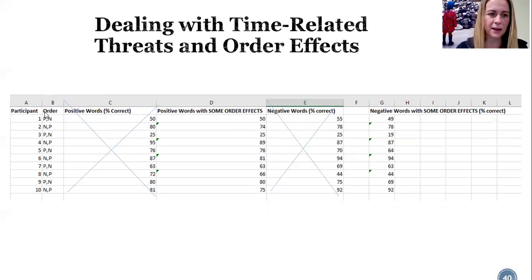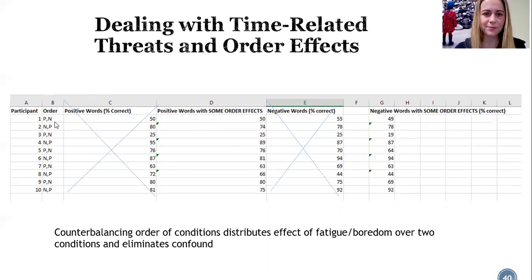So this person got positive words first, so that one's not affected by order effects, but they got the negative words second, so that condition's going to be affected. This person got negative words first, so their negative words are going to be relatively high, but their positive words they got second, and so that's going to go down. So you can see how across participants, the order effect is going to impact whatever condition they get second.